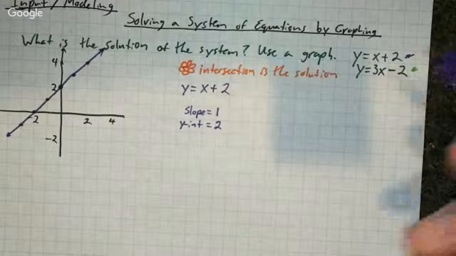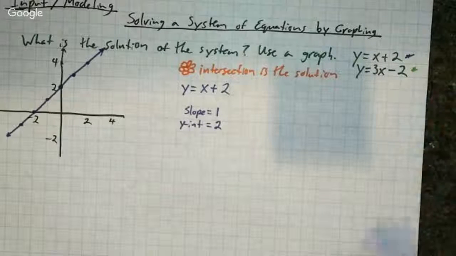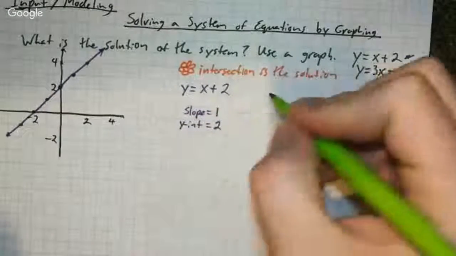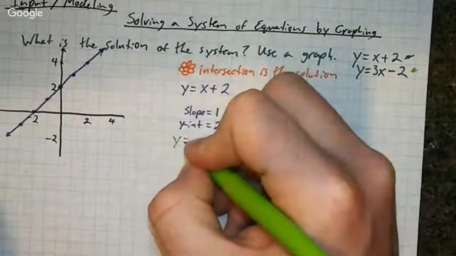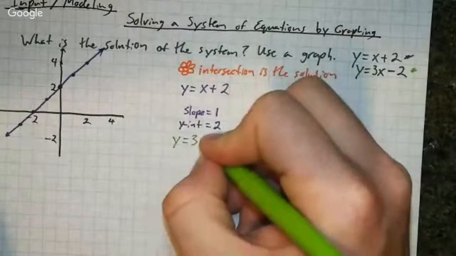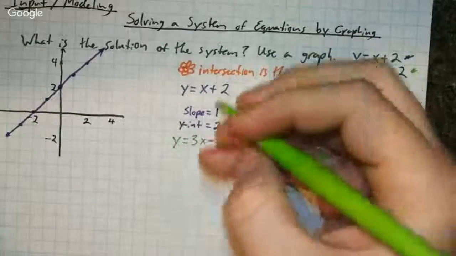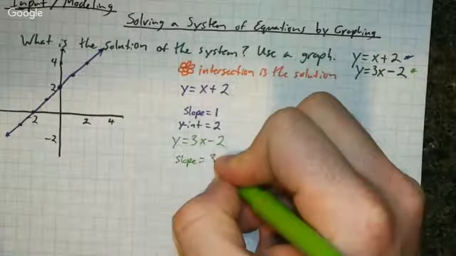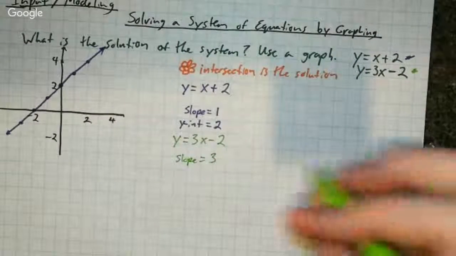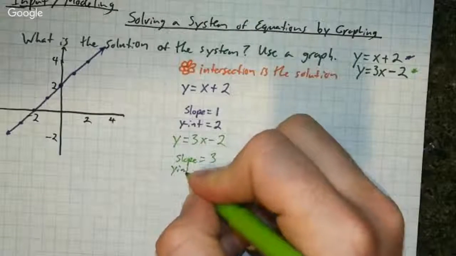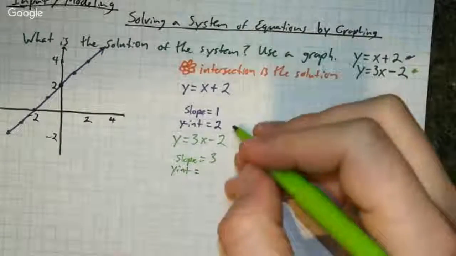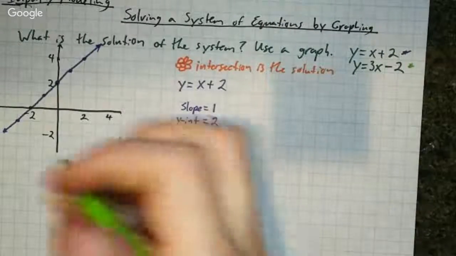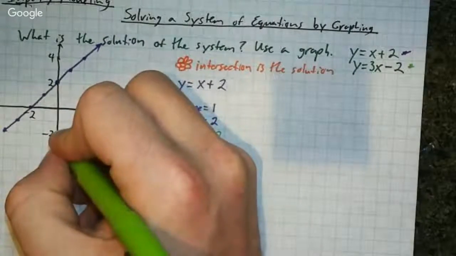Now we need to see where these equations intersect, because that means they'll be the same. So my second one is y equals 3x minus 2. The slope in this case is going to be 3, so 3 over 1. The y-intercept is going to be negative 2. So I'm going to put a point at negative 2.